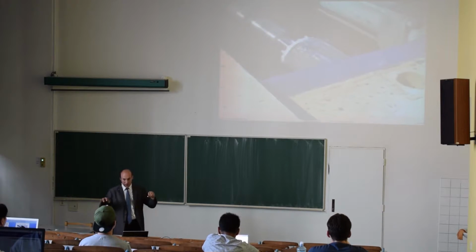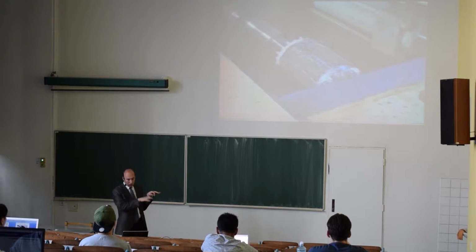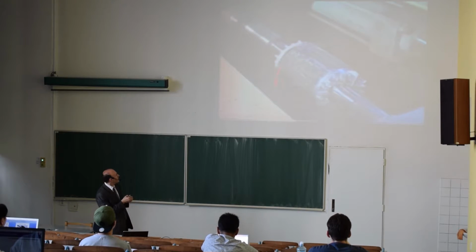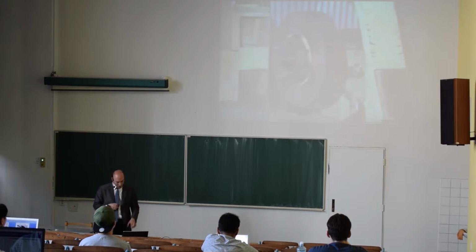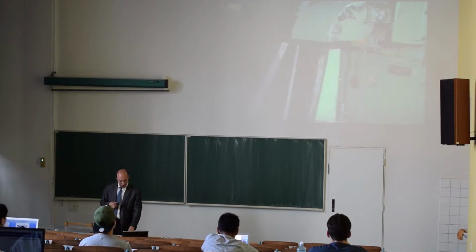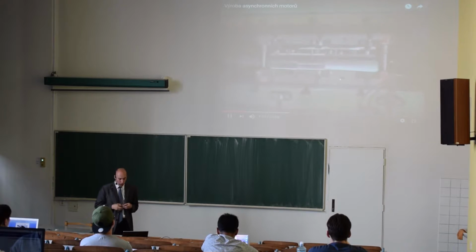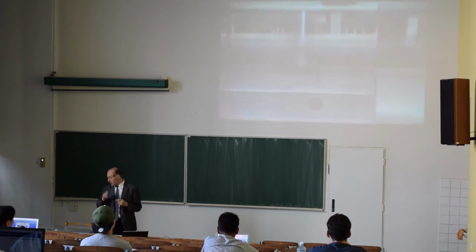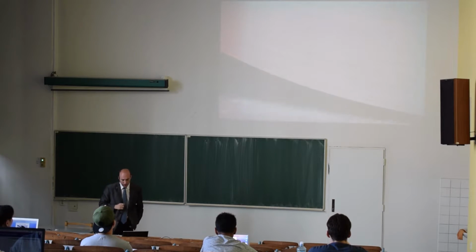So this is the assembly of the rotor, but now we will see how the rotor is made, this part. So this is the iron sheet from electrical steel, and they will push it through a press, and they will produce the sheets of the material like you have somewhere here.